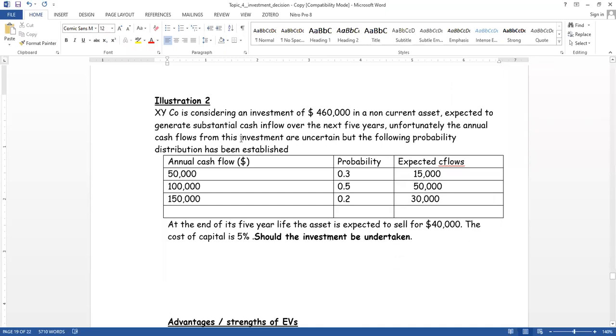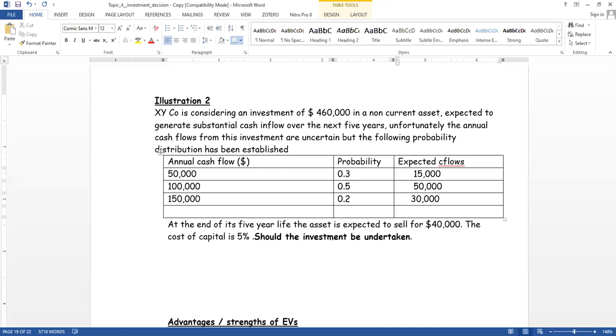Unfortunately, the annual cash flows from these investments are uncertain, but the following probability distribution have been established. So meaning that you have 15, then that is 95. So the total is what?